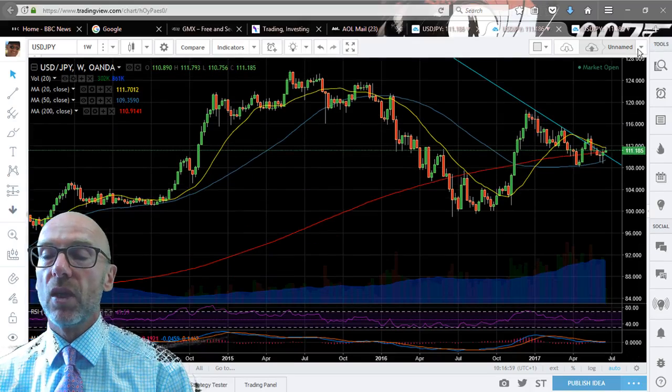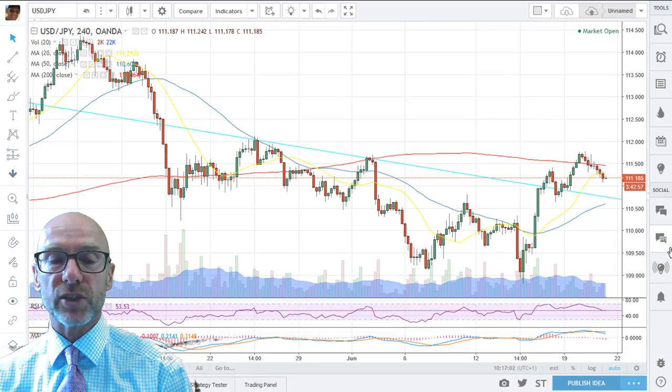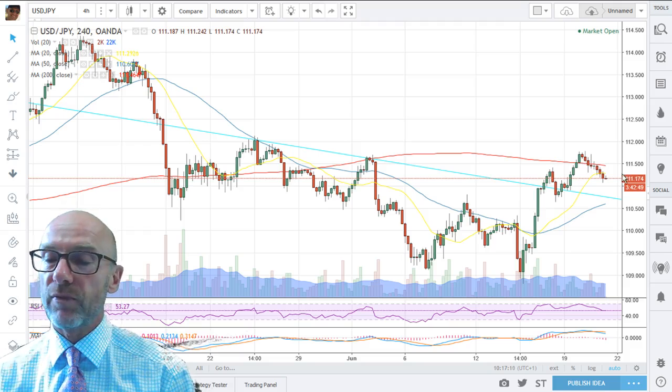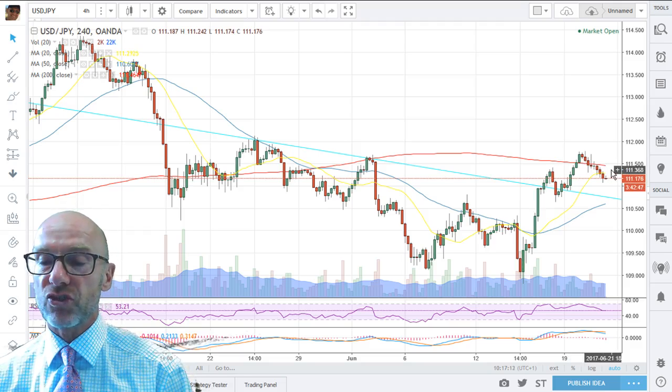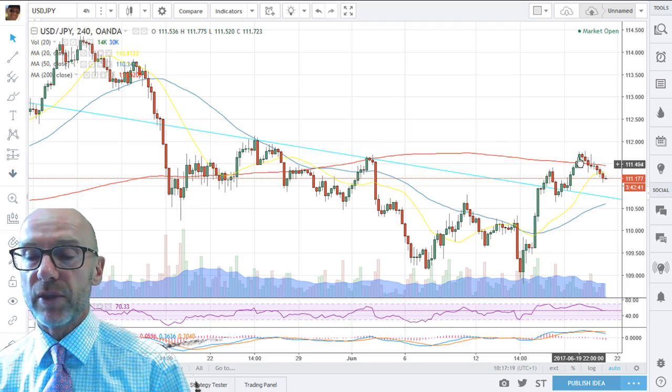On the 4-hour, here we've got immediate resistance from the 24-hour, which is now rolling over, and then the 204-hour, 111.46, which is tracking down and did seem to cause the resistance, even though it did go above it.